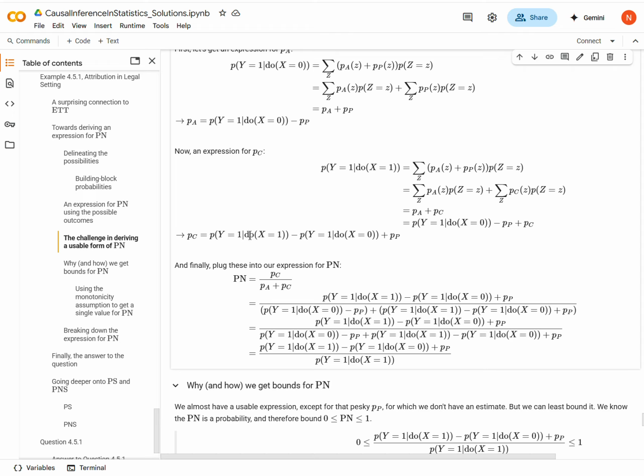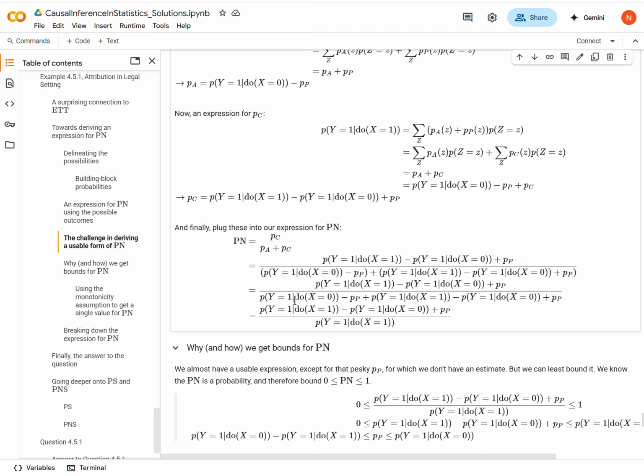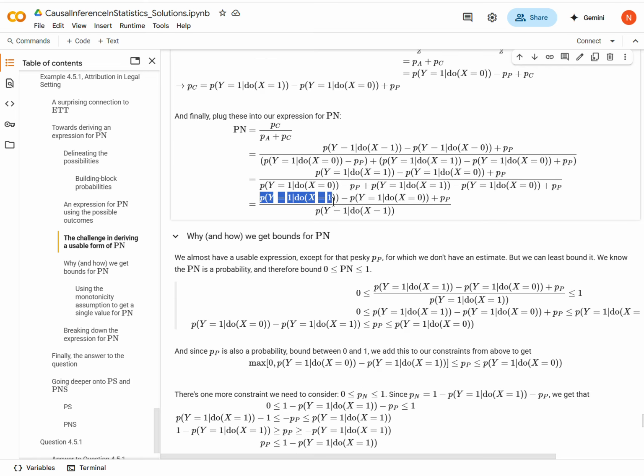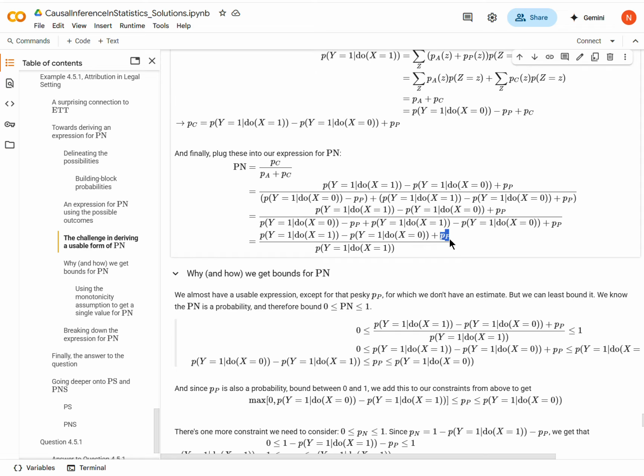Okay, and so now I have an expression for PA and for PC, and so I just plug those into my formula for the probability of necessity. Okay, and I get this right here, which is not terrible. It's not terrible, but notice that all the way through we're carrying this PP here. This is that 3rd unknown for which we don't have an expression. This is the probability that the drug prevents death.